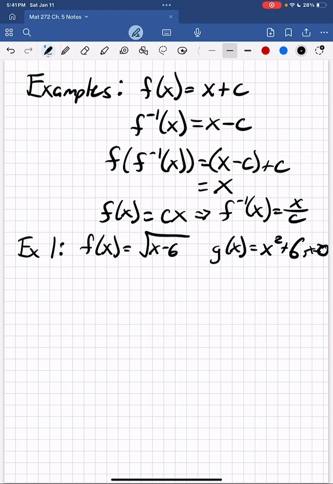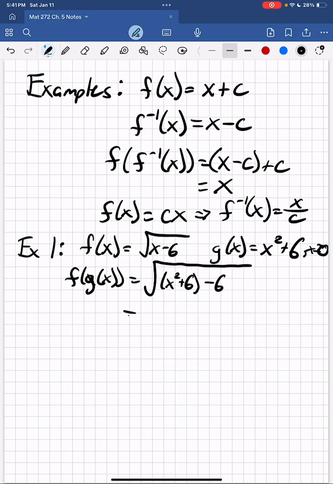I want to plug g into f, and f into g. So f of g of x: I plug g in, I get x squared plus 6 minus 6. Well, that's of course just x squared. Square root of x squared is x.